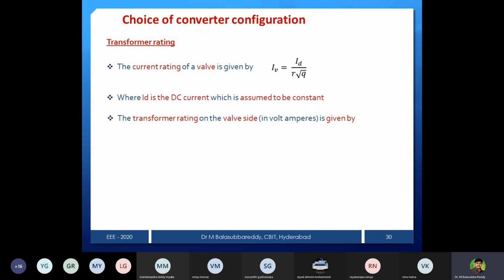The transformer rating on the valve side is given by S, which is nothing but voltage into current, multiplied by the pulse number, Em by root 2 into IV divided by root 2. So that is the transformer rating on the valve side.